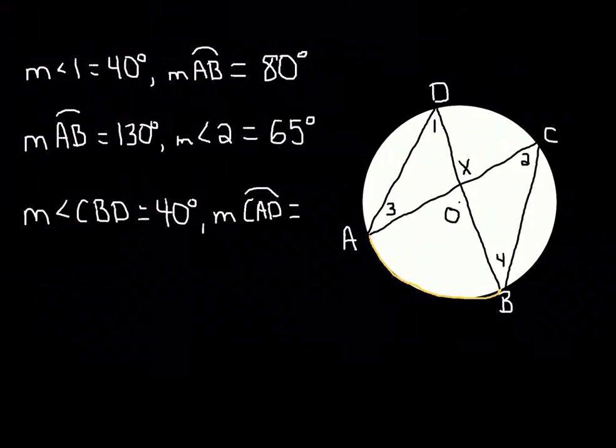Our next example, we have the measure of arc CBD. A good thing to do is probably try to draw and locate where that's at. So let me erase this one right here, and let's try to draw where arc CBD is. So you start with C, and you go all the way from here. You're going all the way CB.